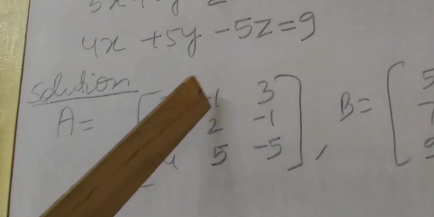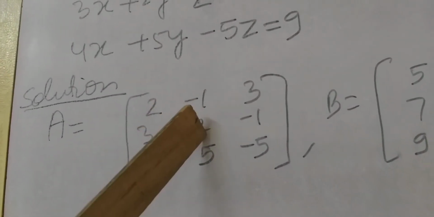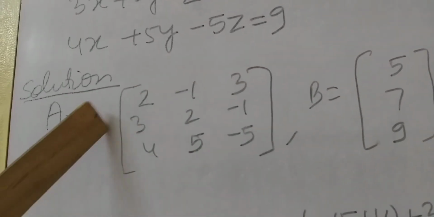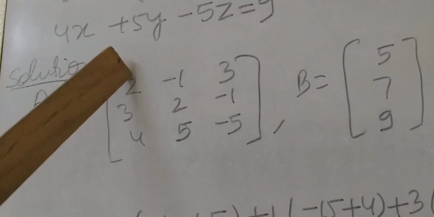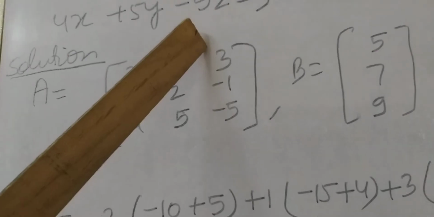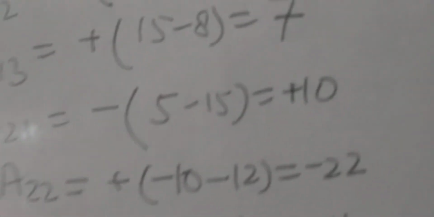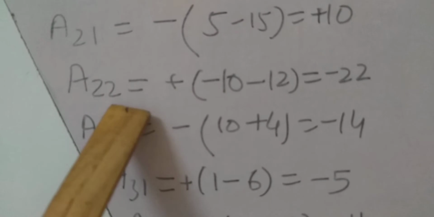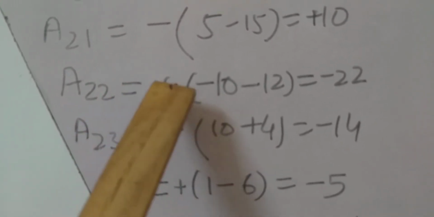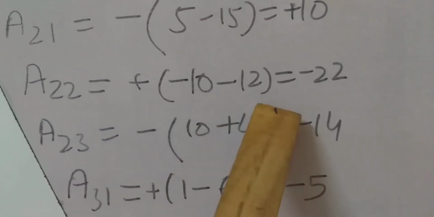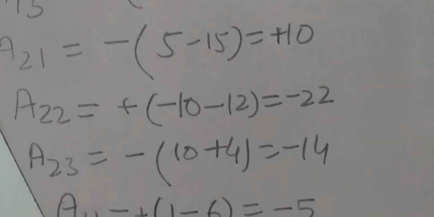Now students, its cofactor A22. So this row and column are deleted: 2, 4, minus 5, 3. Find out its determinant: minus 10 minus 12. Add both of them, students. 2 plus 2 is 4, an even number, so that's a plus sign. So minus 22, correct?